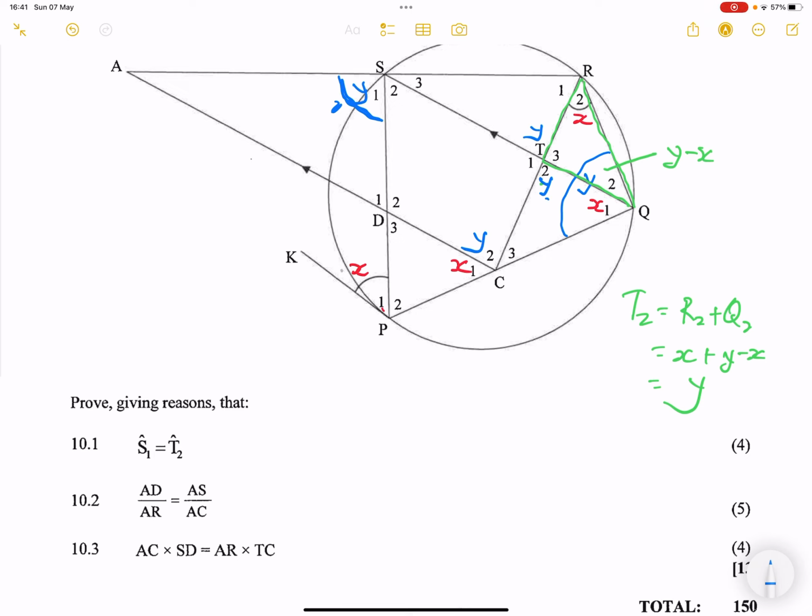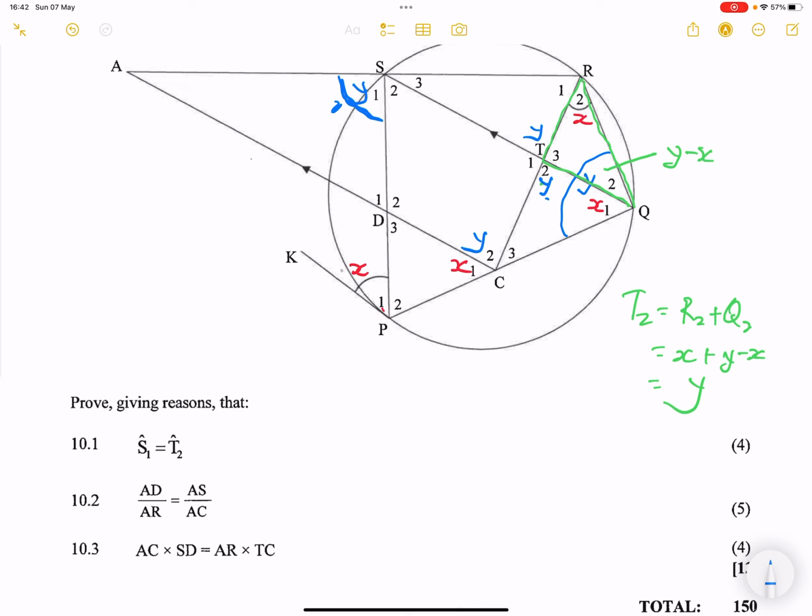All right, now they say to us, we also need to prove that AD over AR is equal to AS over AC.